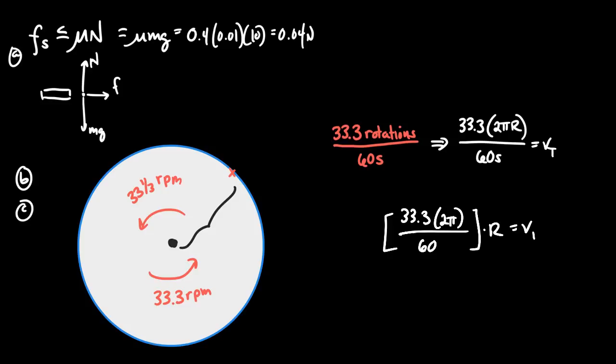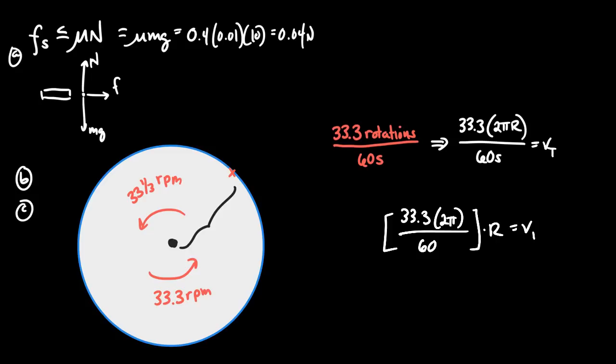This part is what the entire record is doing. Every point on the record is going around one circumference 33 times in 60 seconds. So if I am at the edge, I would put the radius of the whole record in. If I was here, I'd put in a different number, how far away I am from the center.